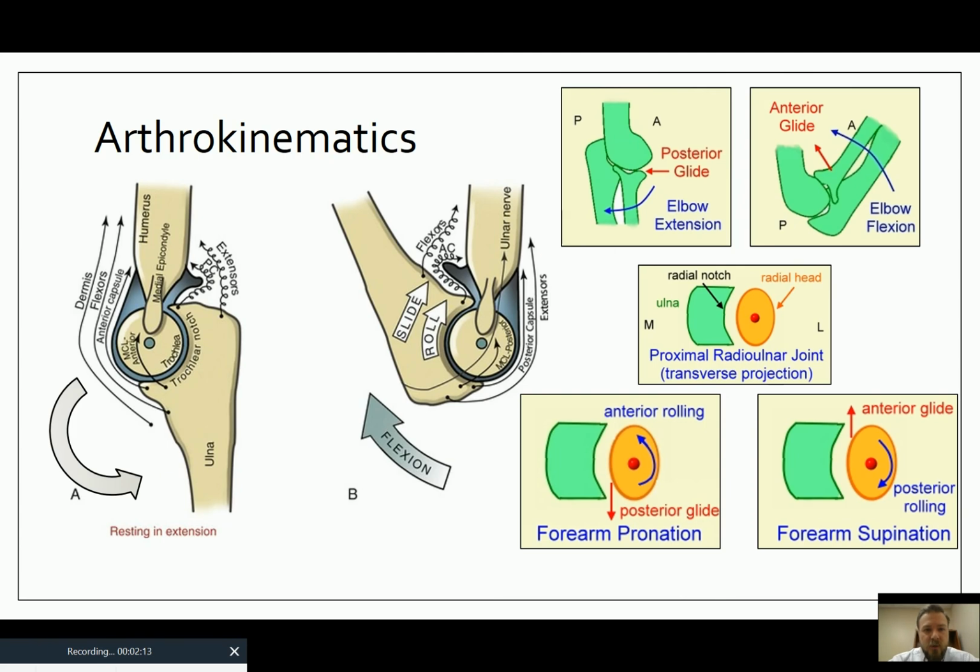And again, arthrokinematics. So going back into our kinesiology brains, you guys thought you had gotten past that part of your curriculum, but it's always good to review this sort of information, especially because the elbow kinesiology seemed to be one of the most difficult parts for people to pick up and understand and conceptualize once we were doing it in kinesiology.